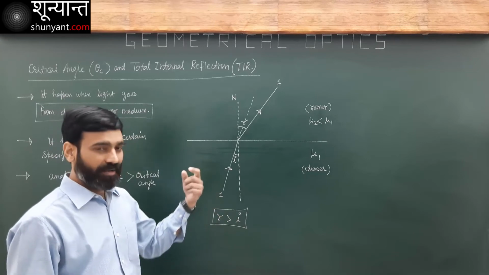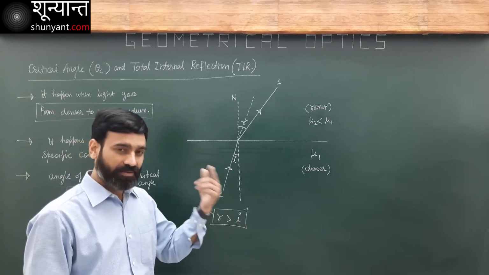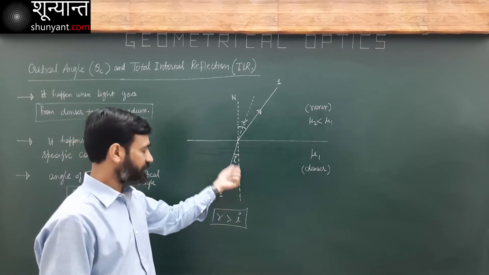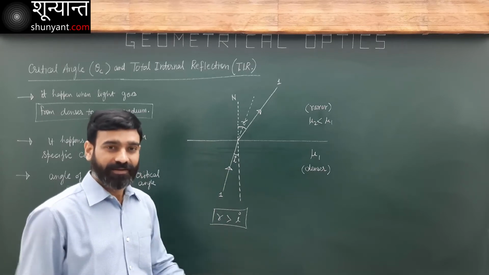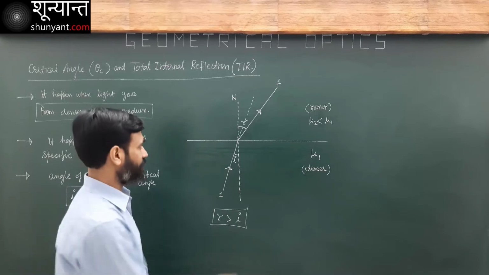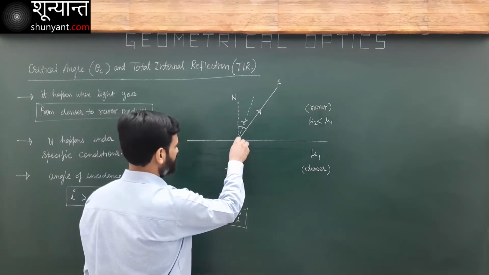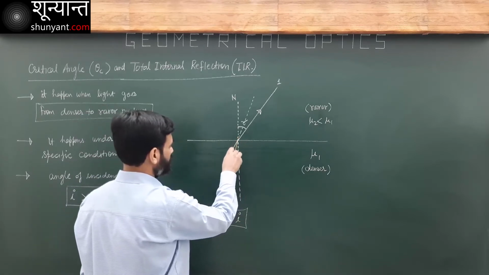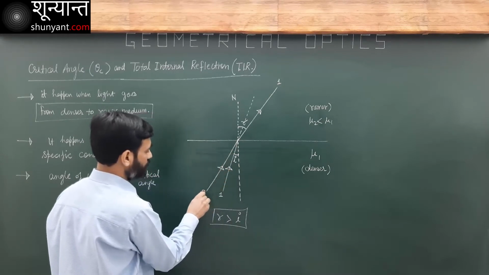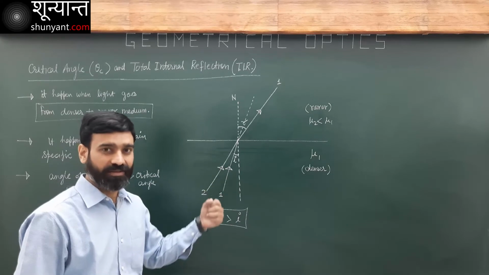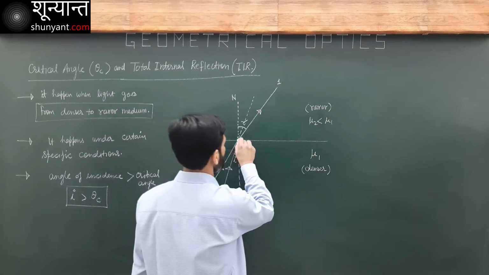Now, what happens if I start increasing my angle of incidence? Angle of refraction also increases. This is light ray 2. Now the angle of incidence has increased, so the angle of refraction will also increase.